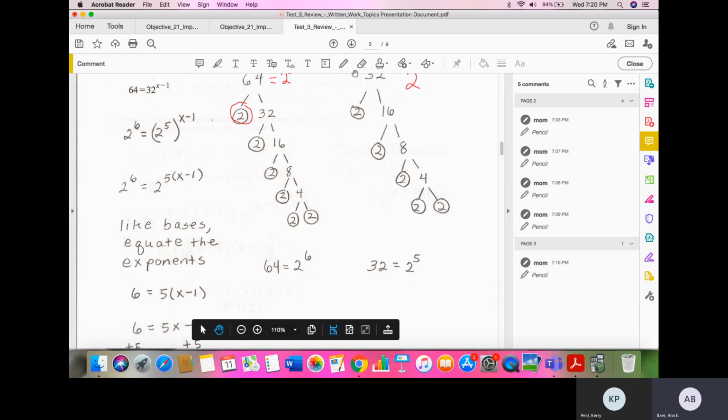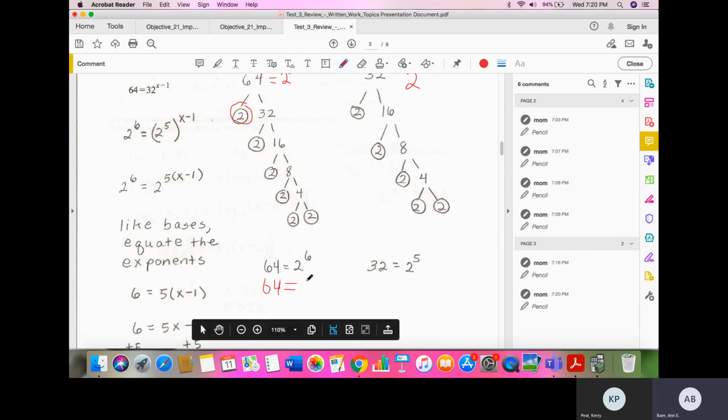And I will write down 64, to remember how to use my markup tools. These are freebies that come with software, so they're actually pretty good. 64 on this side equals 32.